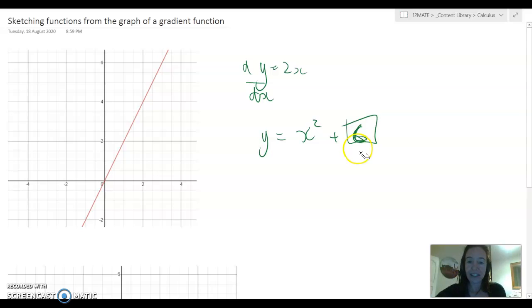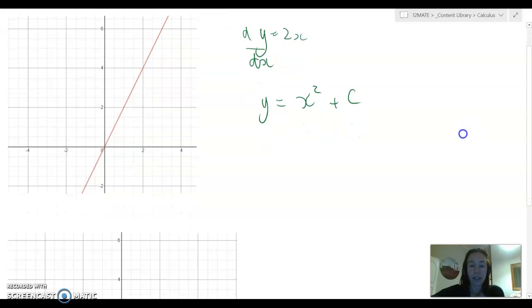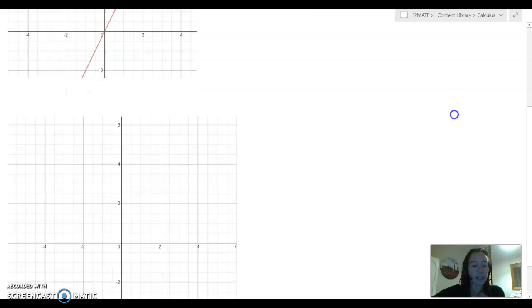That's not a 6, that's just a c. Some value could have been added to it, and I don't know what that value was from this gradient function. So the best I can do is my general x squared graph.